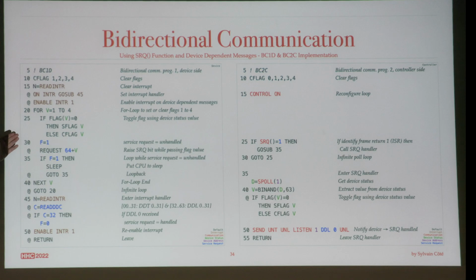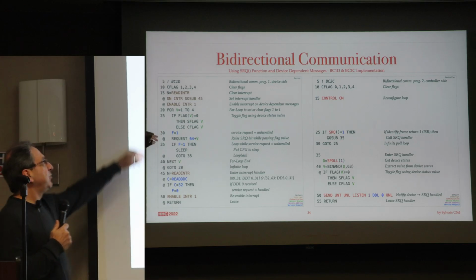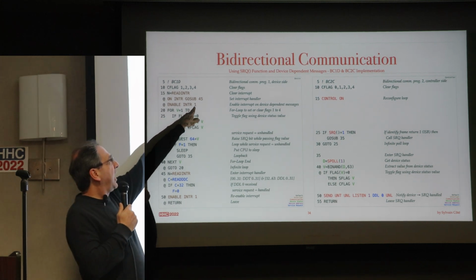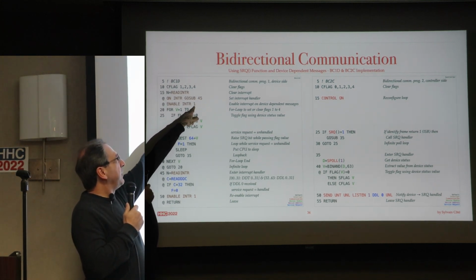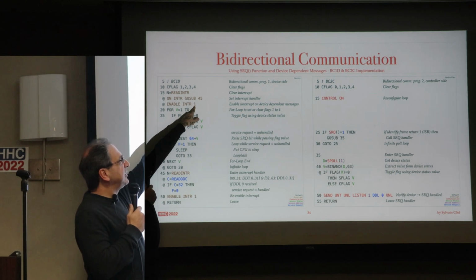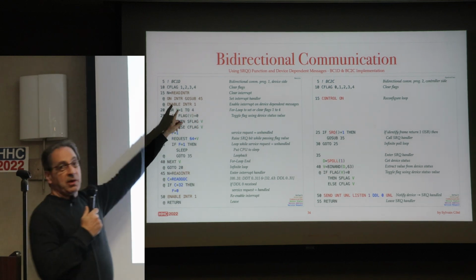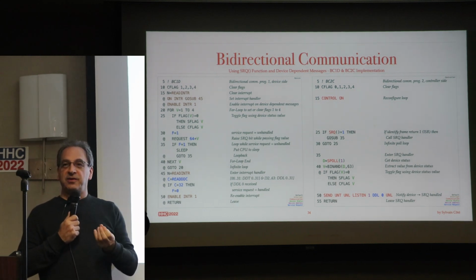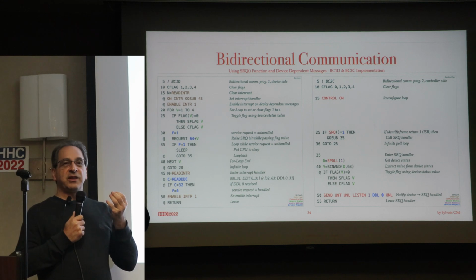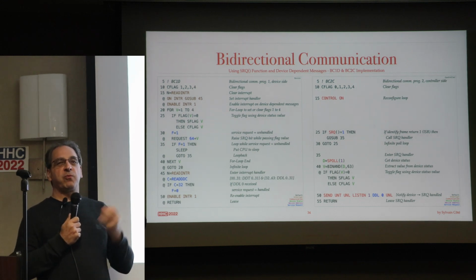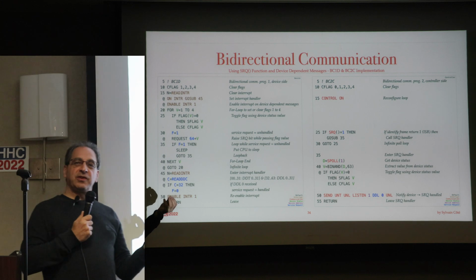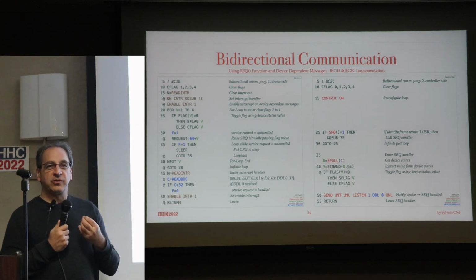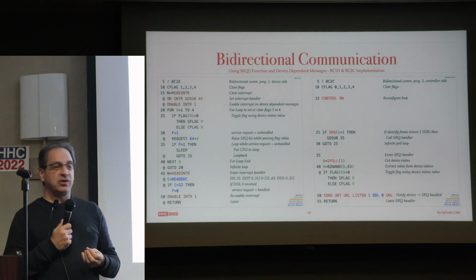On the device side, now I have to set up my interrupt handler, but in this case I'm setting an interrupt with the device-dependent message 1, because the device is going to receive a device-dependent message, and you can trap that with an interrupt. It's interrupt 1. For the previous example I was using interrupt 8. Now I'm using another software interrupt, 1, for the device-dependent message.